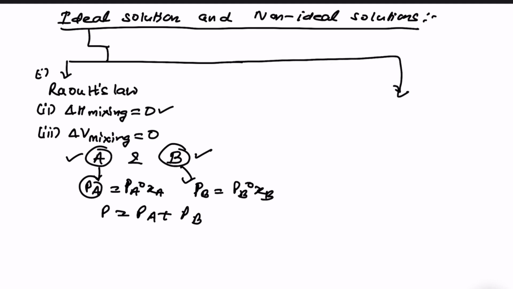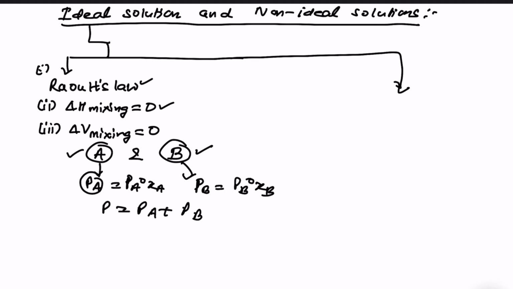And the third condition they satisfy is that there is no change in volume. That means if component A has volume V1 and component B has volume V2, then the total volume will be V1 plus V2, the same as the volume of the initial components. So ideal solutions are those which satisfy these conditions.